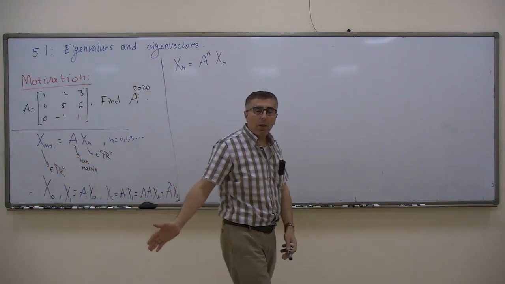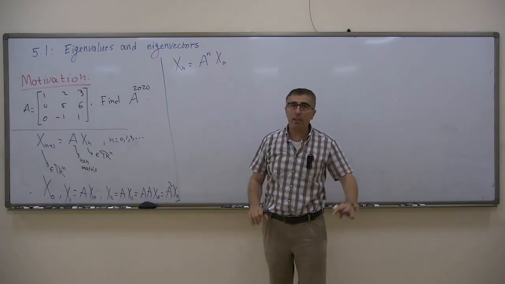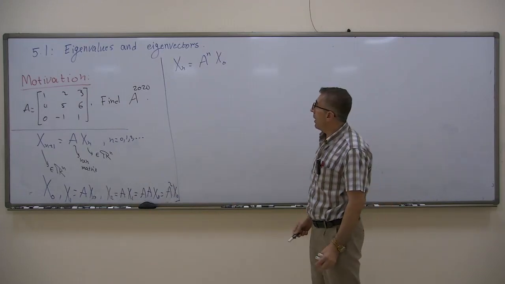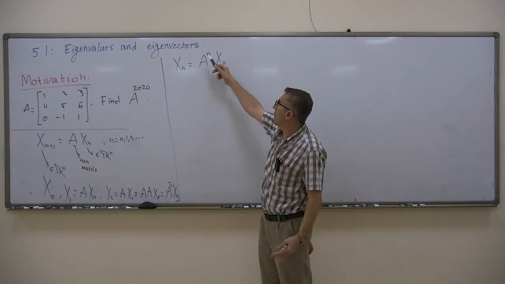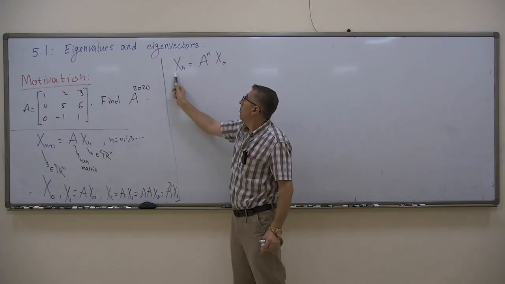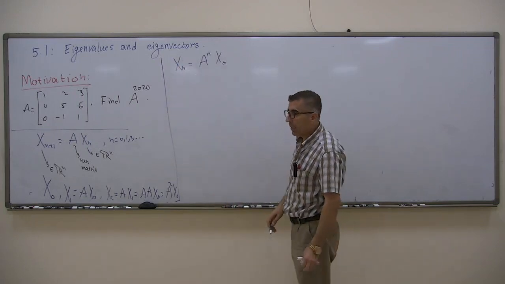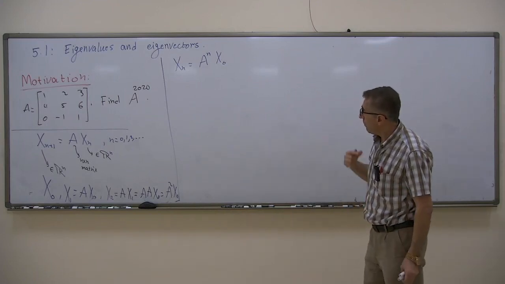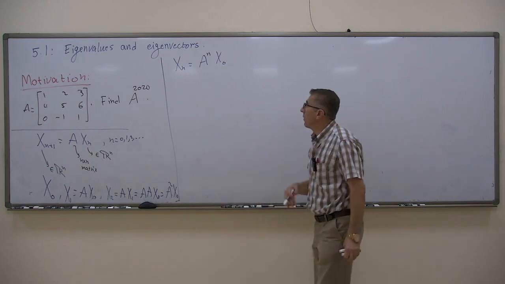Now, n you can think about as a small number, or you can think about it as a large number. So you can think about what happens if n here is large, like 1,000, 2,000, 1 million, whatever it is, because that will tell you what happens here in xn, or the progress in your representation of the virus.